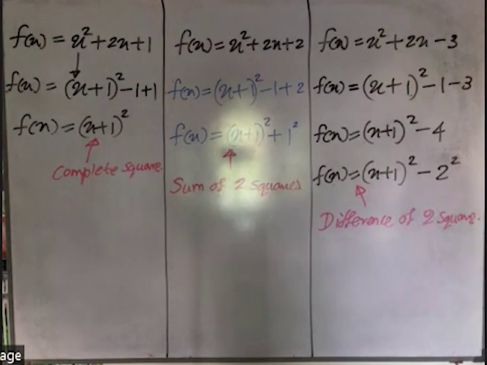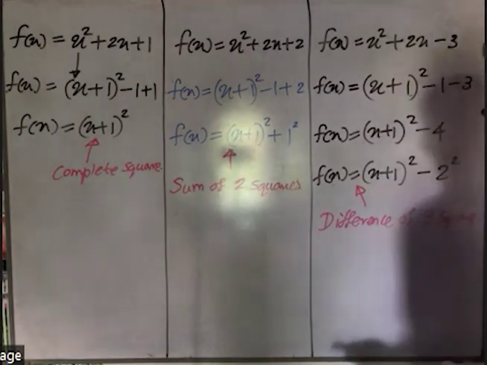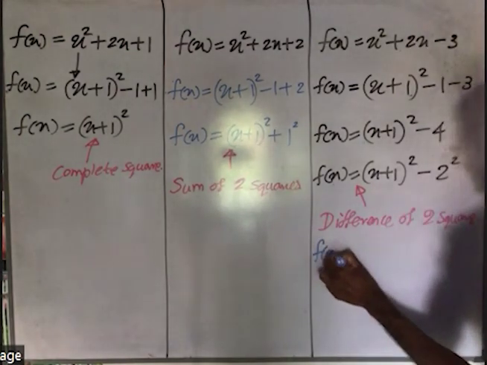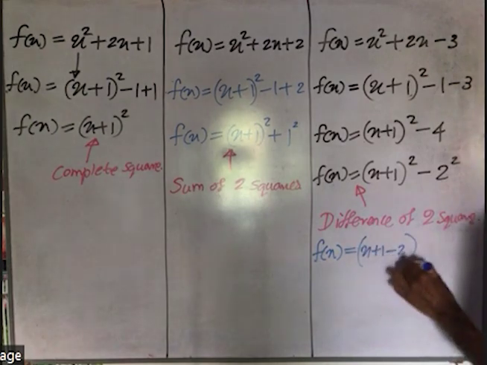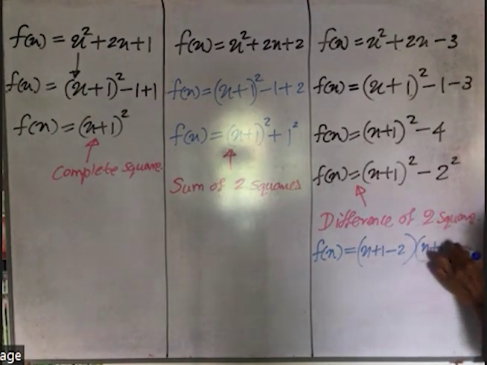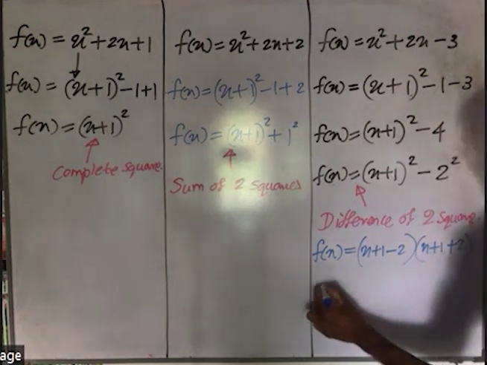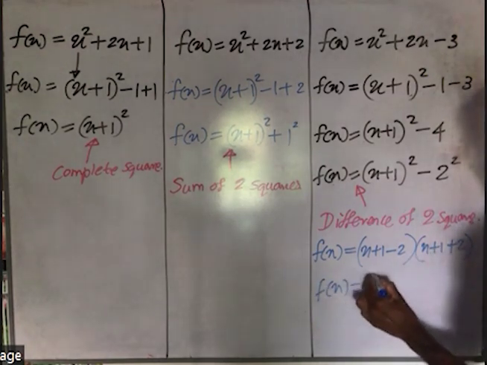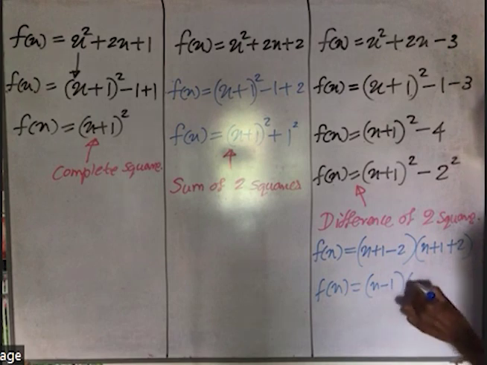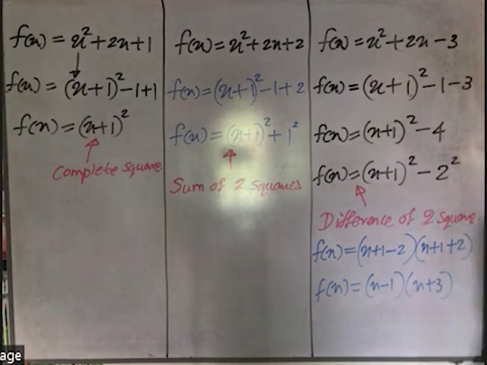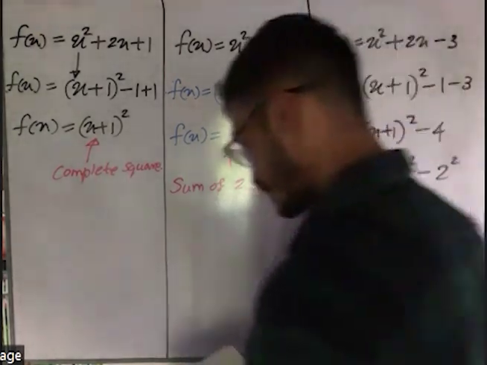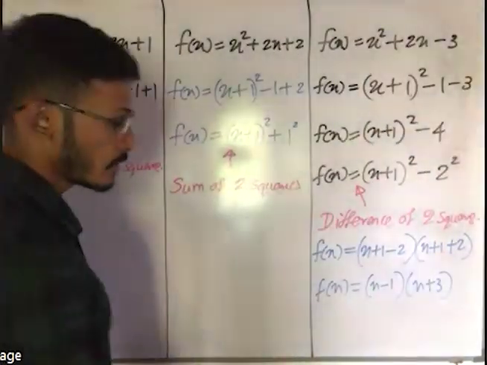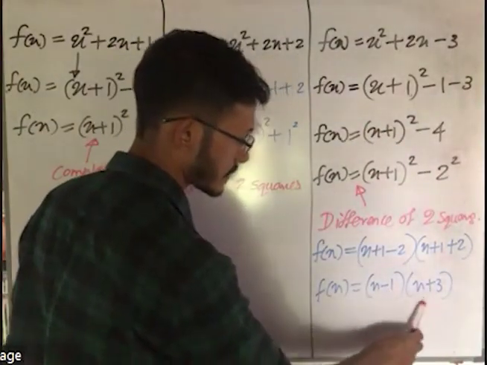Then write down the two factors: f(x) equal to first factor x plus 1 minus 2, second factor x plus 1 plus 2. Then f(x) equal to x minus 1, x plus 3. So these are the two factors, right?